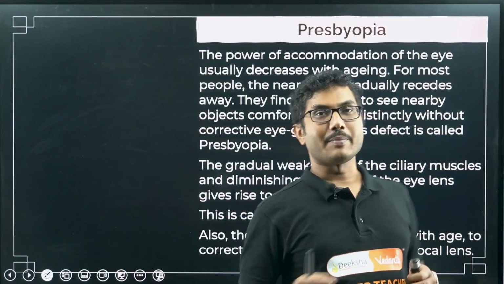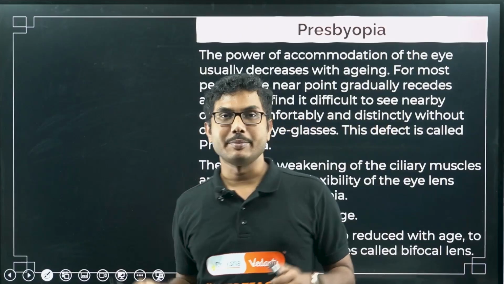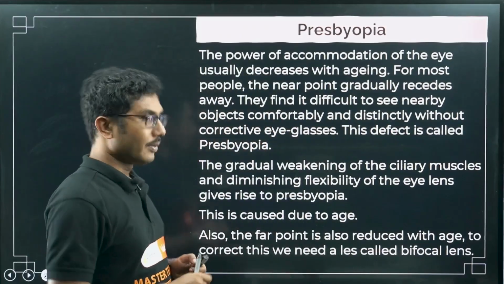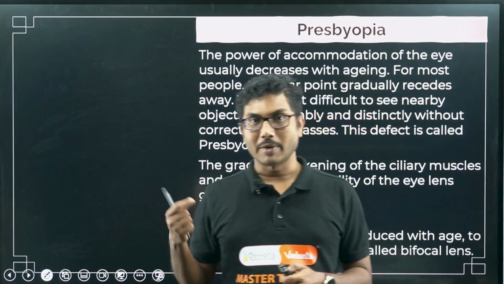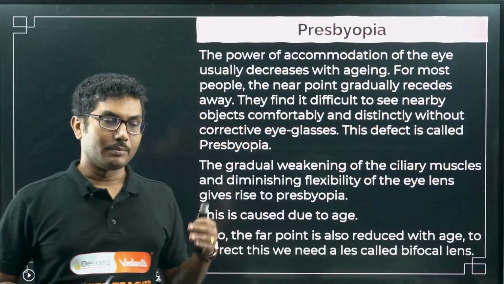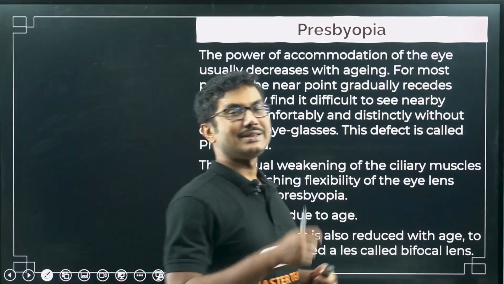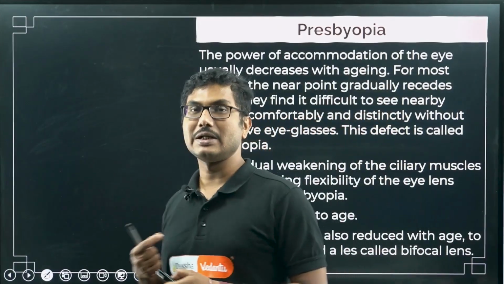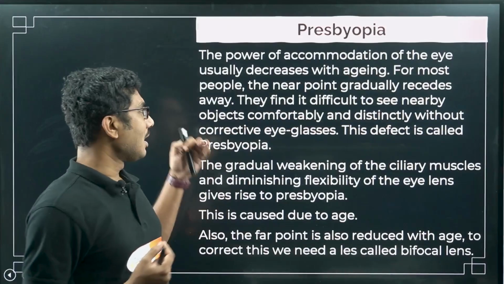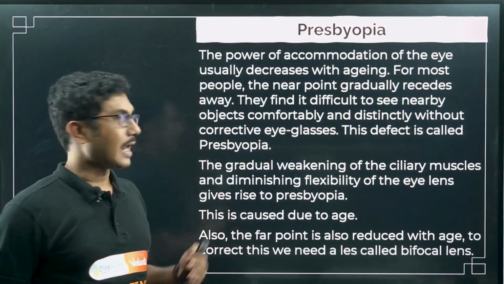If it happens in an old person, the name is presbyopia. Not that they cannot have hypermetropia or myopia, but most older persons suffer from weakening of the ciliary muscles, and they naturally require glasses, and that's why this name is separate.